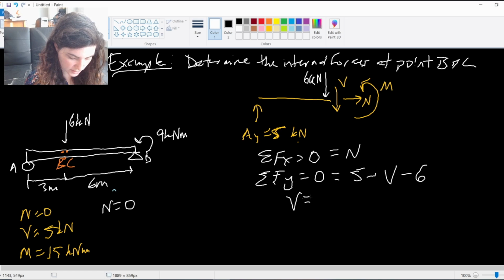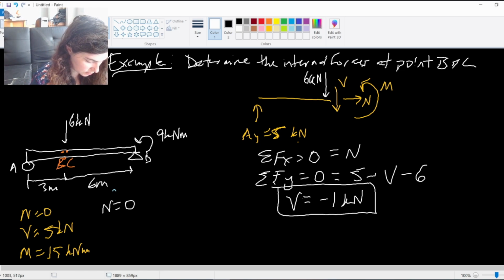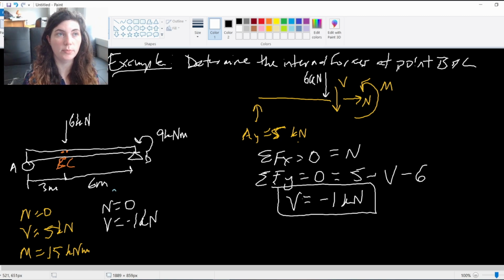So my shear force now is a negative 1 kilonewton. Right, so even though B and C were at very similar points, they're very close to each other, they have different shear forces at that point because of the applied force.